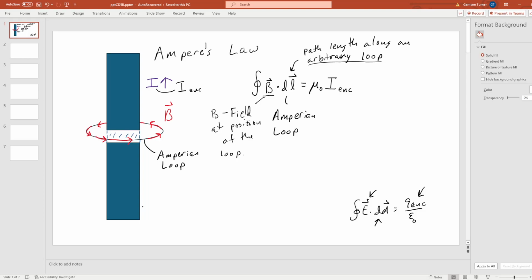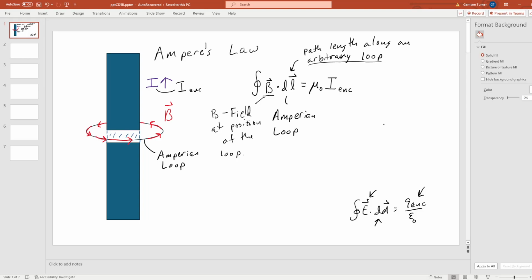In that sense, this is not flux, but it's conceptually similar in that the current is flowing through the loop, similarly to electric fields flowing through a surface. So your current has to be flowing inside the loop. It'll pierce through the area of the loop, if you will. Under these conditions, I can evaluate this magnetic field B.